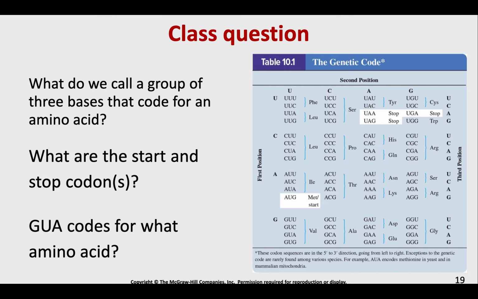All right, so what do we call a group of 3 bases that code for an amino acid? Codon, yes, it is right up on the screen. What is the start codon? AUG, that should be the magical codon. If I gave you a string of nucleotide bases and asked where would I start translation, you should be able to pick out AUG. It's the only start codon. Now what are the possible stop codons?